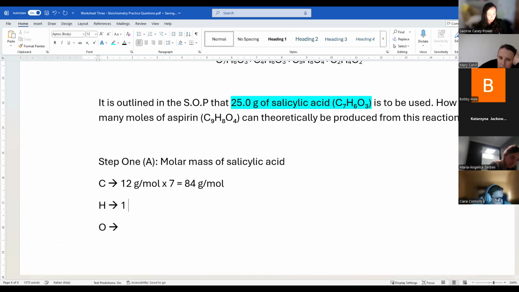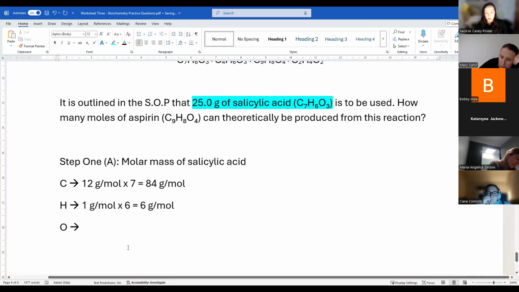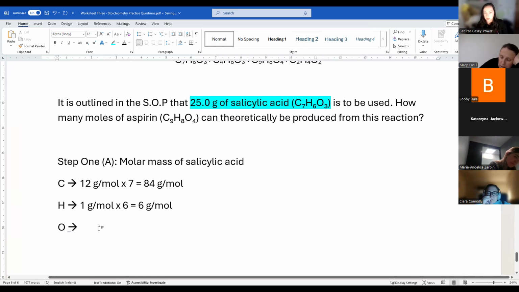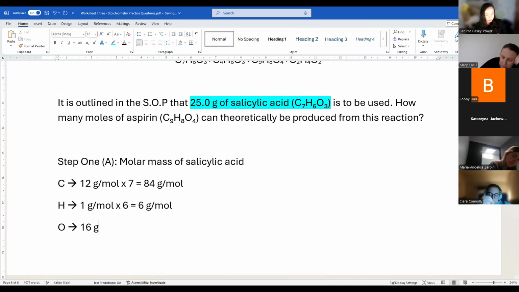Hydrogen then is our 1 gram per mole multiplied by my 6 hydrogen atoms, to give me 6 grams per mole. And then our oxygen is 16 grams per mole multiplied by 3 oxygen atoms. And that will give me 48 grams per mole in total.